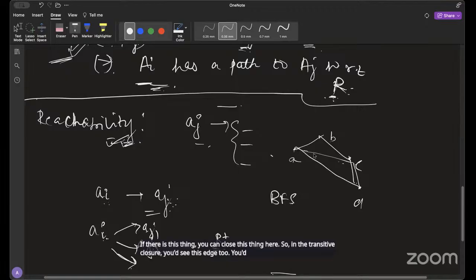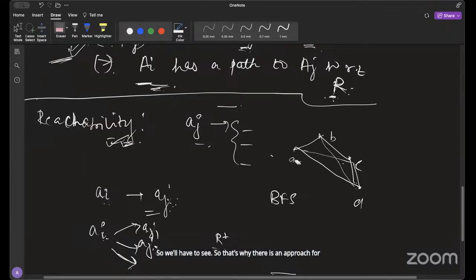You'd see this edge too, because there's a path from A to D. That means there should be an edge there. And then there are others left too. You can make one from B to B as well. So that's why there is an approach for it, because there are just 4 vertices, a simple graph, and we're still not very comfortable with how to make it.